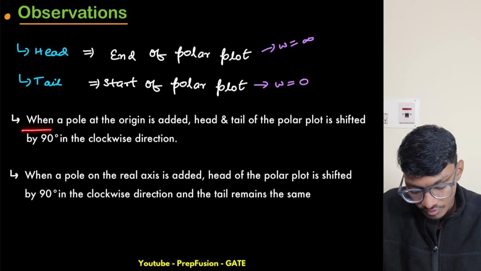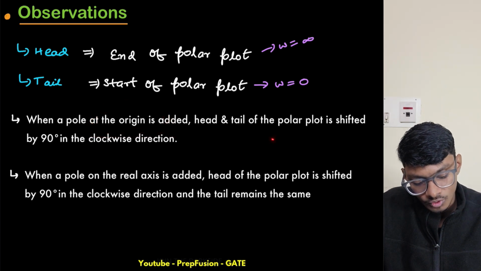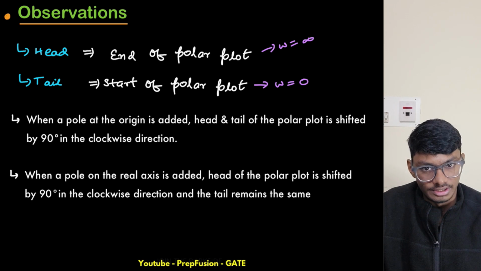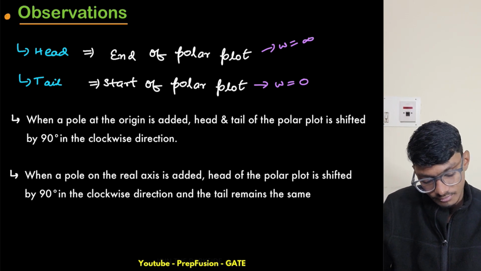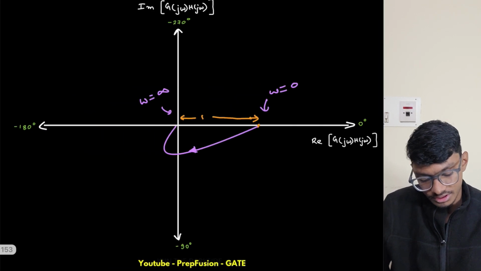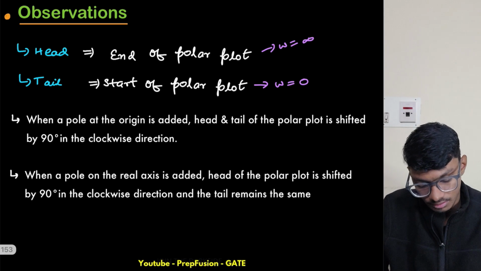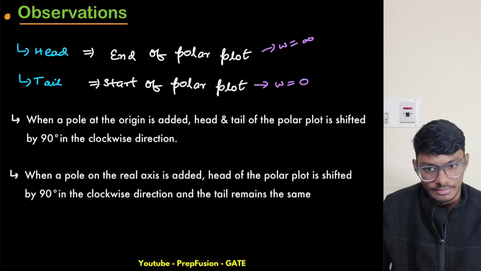So when a pole at the origin is added, the head and the tail of the polar plot is shifted by minus 90 degrees in the clockwise direction. Okay. So if you see that if a pole at the origin is added, then what is happening here?